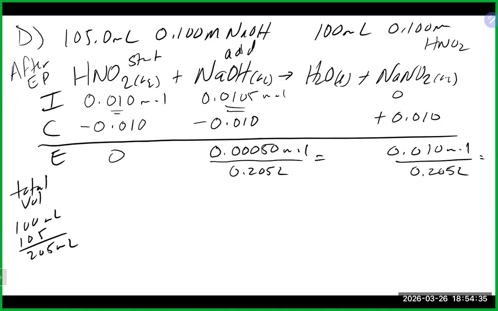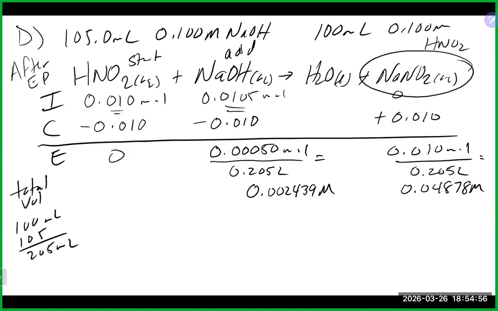And that's going to get us 0.002439, and 0.01 divided by 0.205 is going to get us 0.04878. At this point, if we look at our ICE table, we've got sodium nitrite and sodium hydroxide left over.